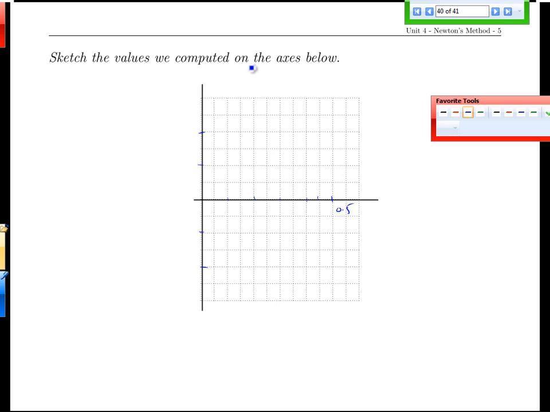If we want to sketch the values we computed, the values we had were 0.5, negative 0.43, and then we went into about 0.41, and we ended up with positive values around 0.2 something, and about 0.4. And what you can imagine is the curve goes through this.